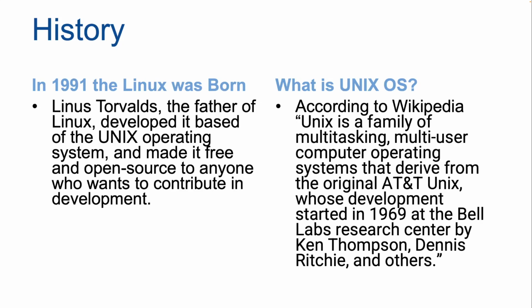So that's the official birth date of Linux, the year 1991, and Linus Torvalds is the father of Linux. You also have to remember that Linux is a child of the Unix operating system.